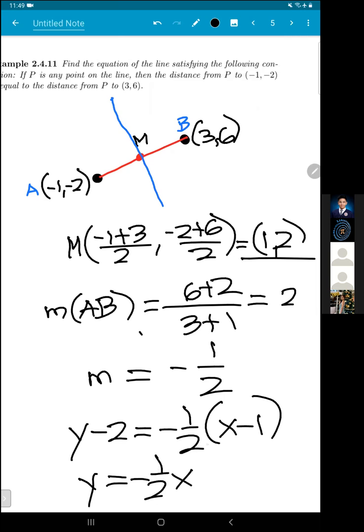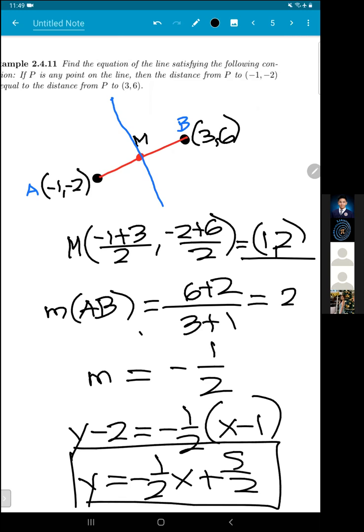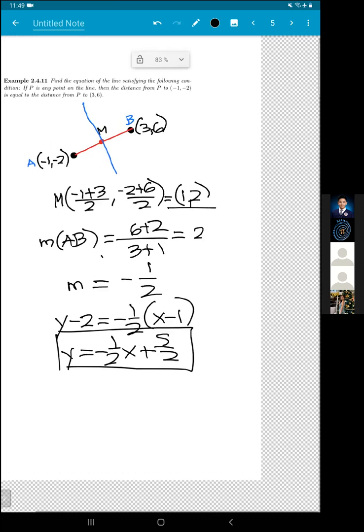Pareho ba? So +1/2 +2. Parang hindi nagpareho, ano? Tama naman ito. So what happened to our previous calculation?